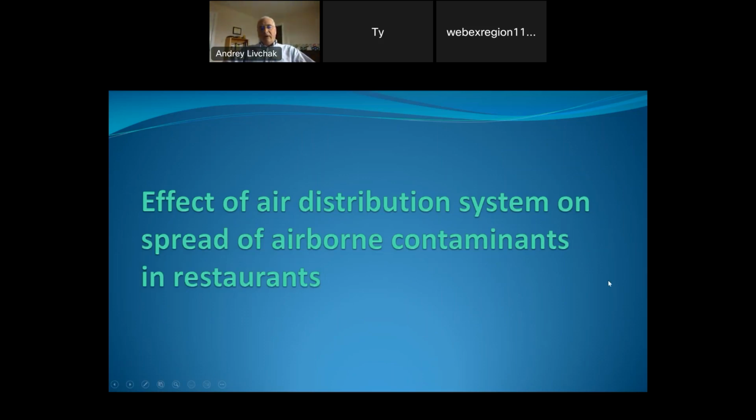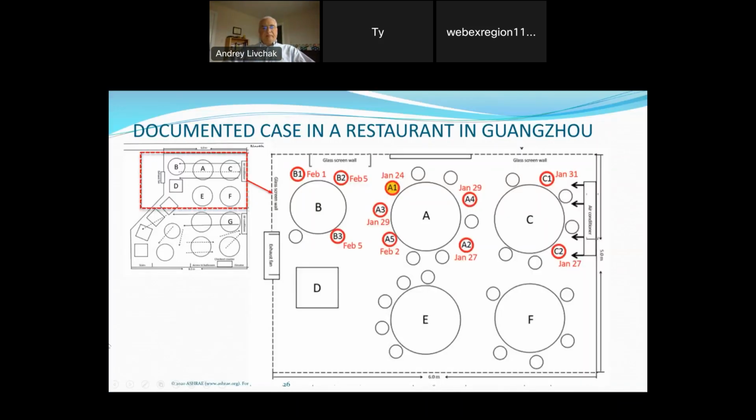Another important benefit of displacement ventilation, as I showed in classroom environment, and it also applies to dining rooms, is that displacement ventilation prevents airborne contaminants from spreading. A few words about COVID.